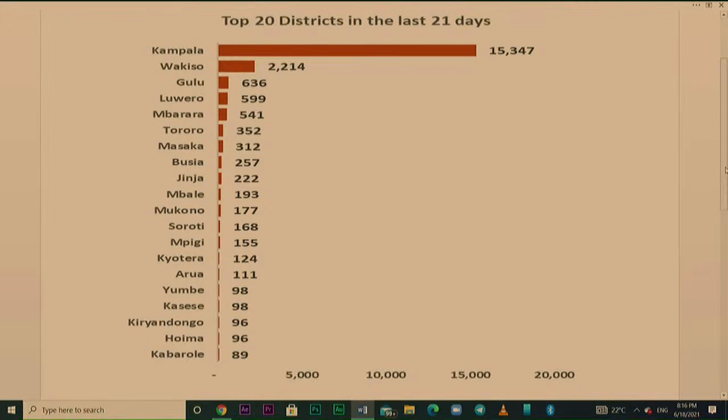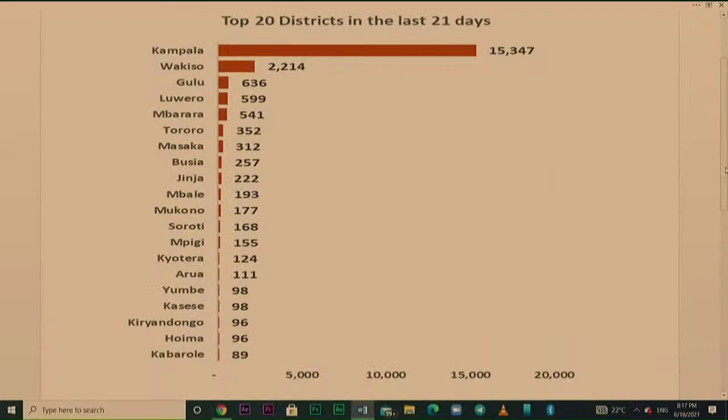That's now Kampala. Kampala, you fail. 15,000 people in fact, identified, I think, with corona in 20 days.